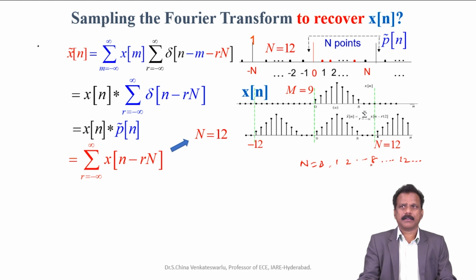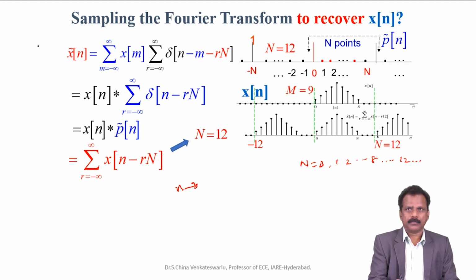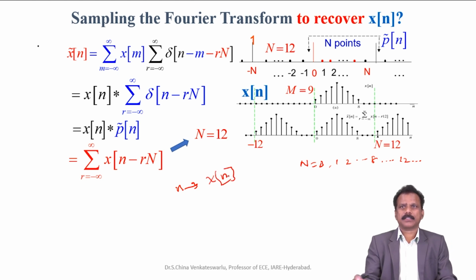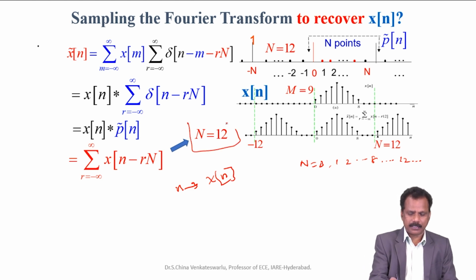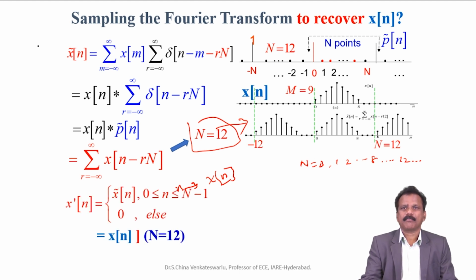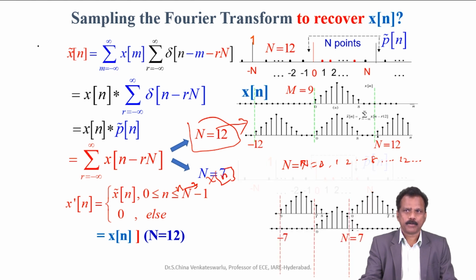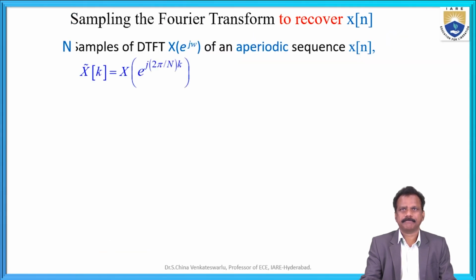How it appears, n versus x of n. If capital N is 12, graphically we have to verify the sampling of the Fourier transform to recover x of n. Like this, if x of n with N equal to 12, where n is equal to 7, we have to verify.